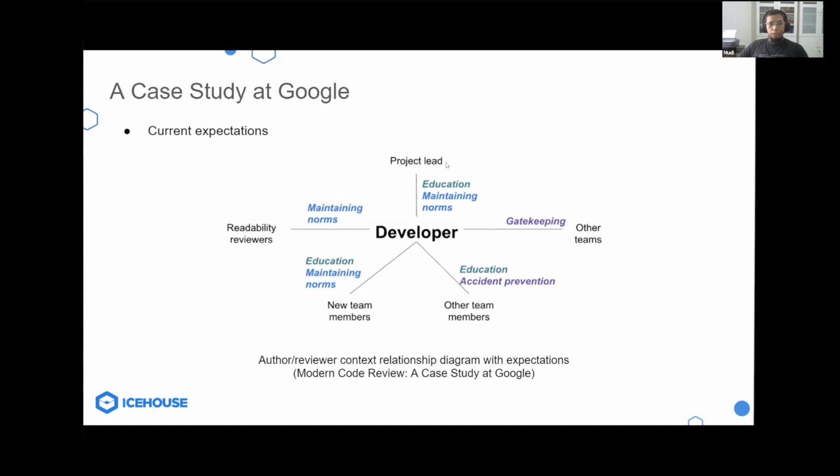As a project leader with the expectations of education and maintaining the norms, he or she will verify that the changes submitted by the developer have met Google guidelines, while others which came from another team, such as a deployment or maintenance team, will verify that the changes have met the deployment or maintenance requirements or are within their deployment boundaries.